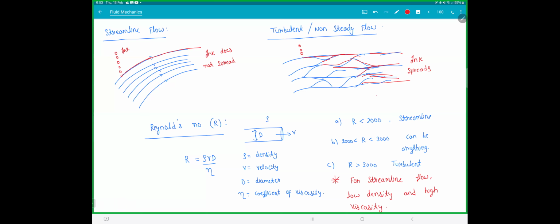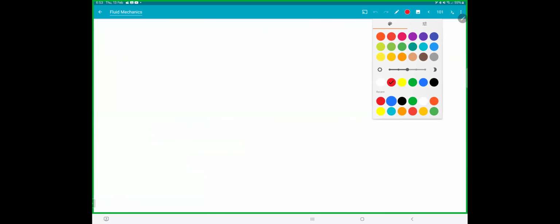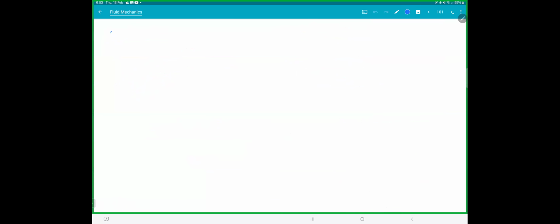Great. So now we will limit our study to a very special case. We study only ideal fluids, and we will study streamline flow in ideal fluids.